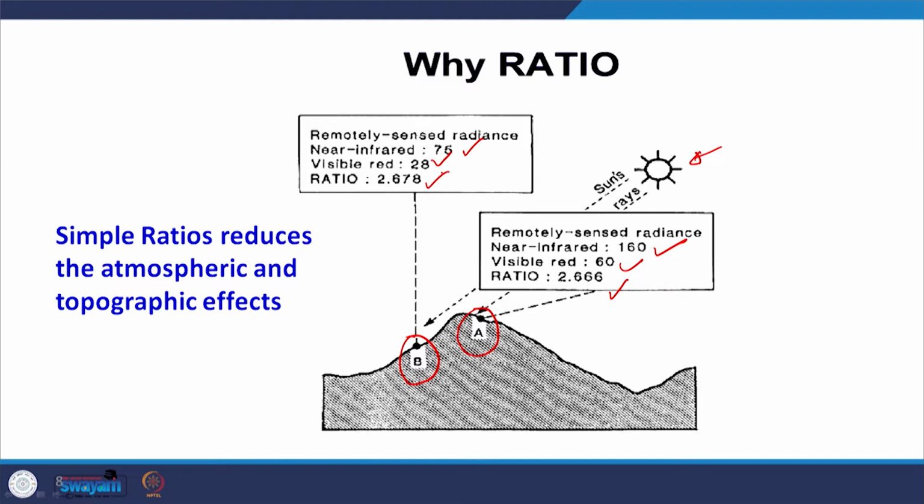So after dividing, my output image has similar values: 2.66 for pixel A and 2.678 for pixel B. That means the effect of shadow and topography has been eliminated from the output data. Such images are very useful in mountainous regions.